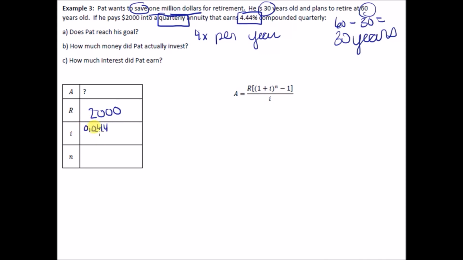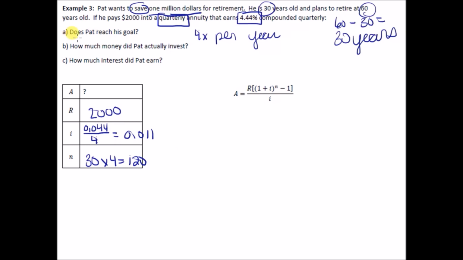Okay, so 4.44%. Remember, we have to convert that into a decimal. So we divide it by 100. 0.011. And then this is 30 years times 4 times a year. He's going to put this amount of money in 120 times.